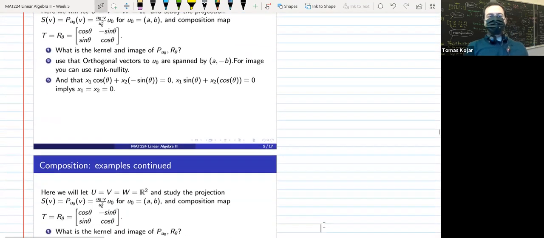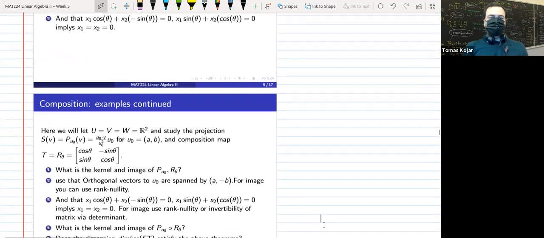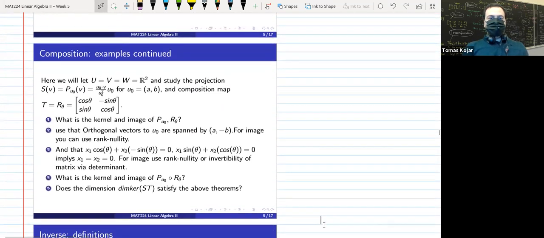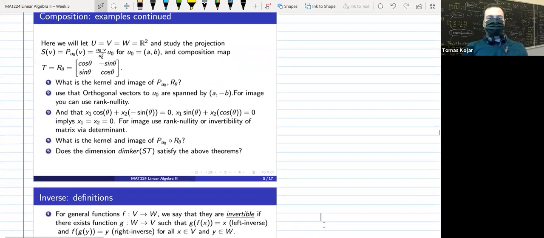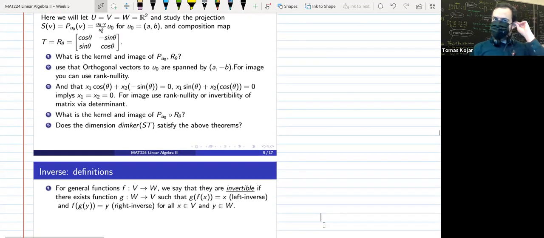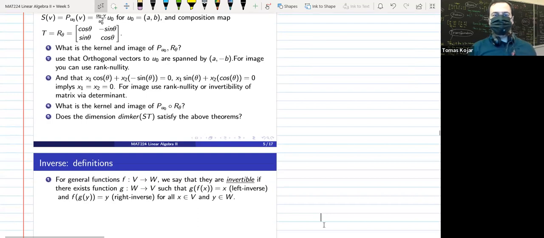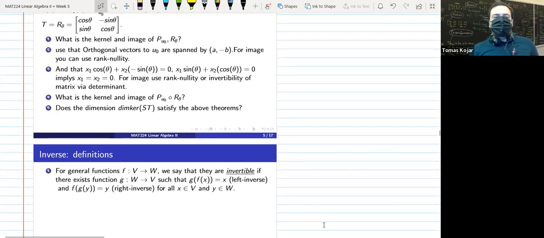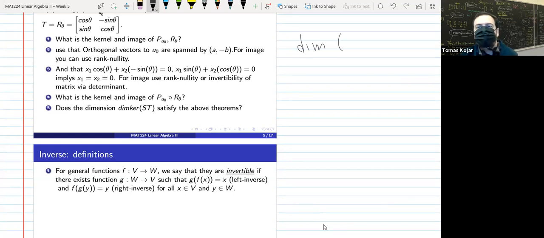Anyhow, we talked about this rotation. I'm going to come back to the rotation matrix at the inverse, so let's leave it for now. Let's see, dimension of projection, rotation, but for the kernel.